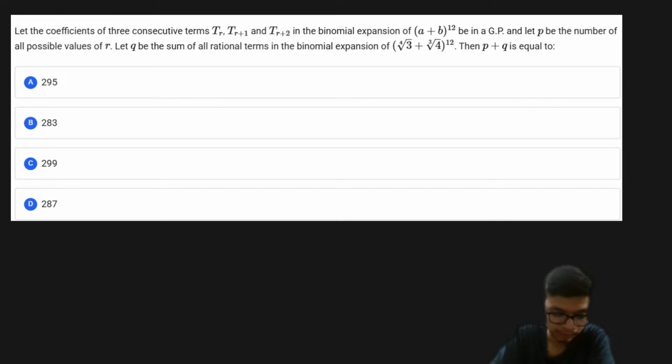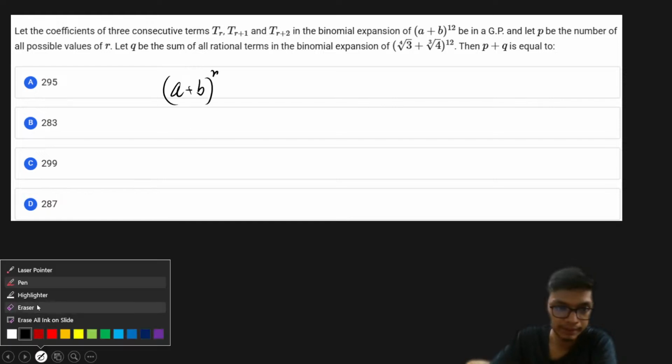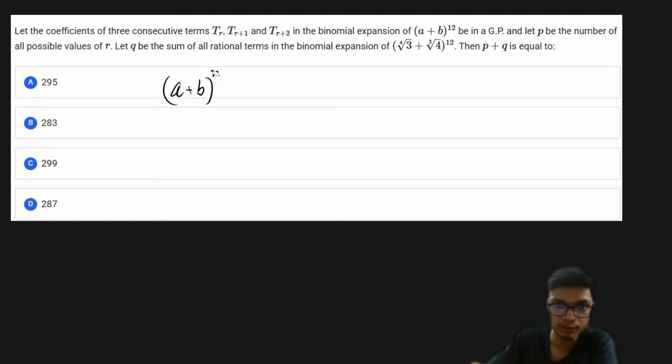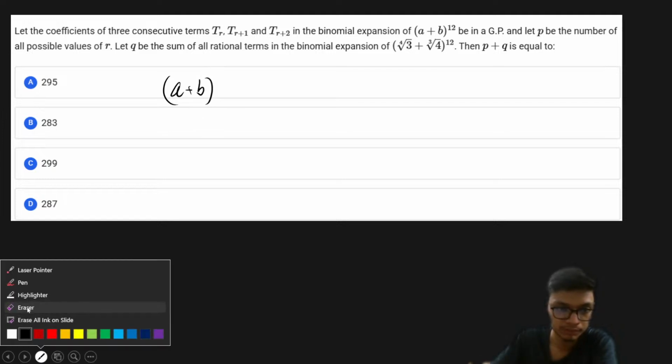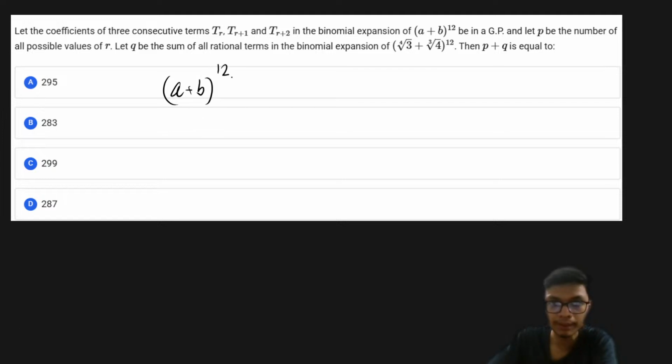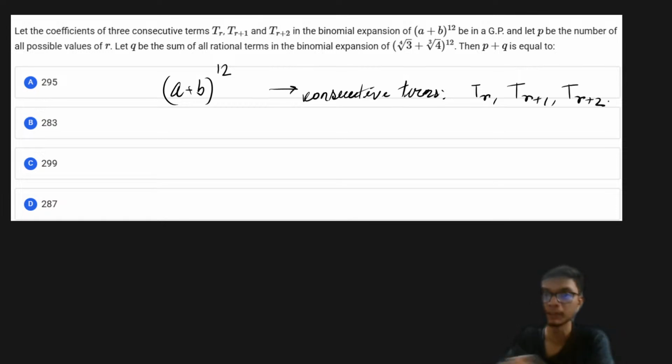The problem is talking about the consecutive terms of the binomial expansion (a plus b) to the power 12. The consecutive terms are given as T(r+1) and T(r+2).